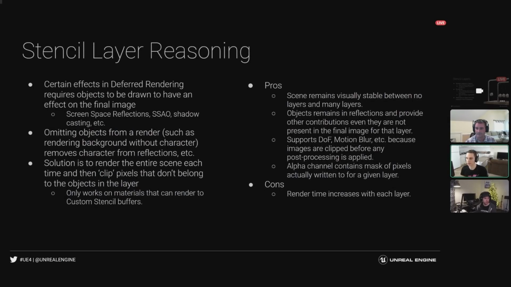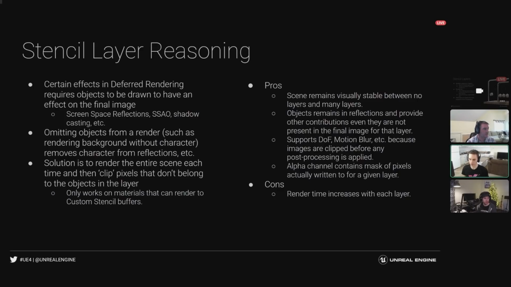So why do we go with stencil layers, and why are they called stencils? Unreal is primarily a deferred renderer, and certain effects in deferred rendering require objects to be drawn to have an effect on the final image. Things like screen space reflection, screen space ambient occlusion, and shadow casting actually need to be drawn to be in the image.